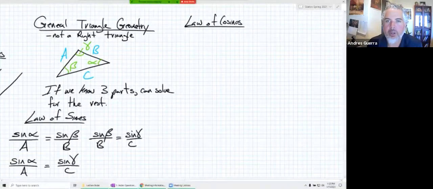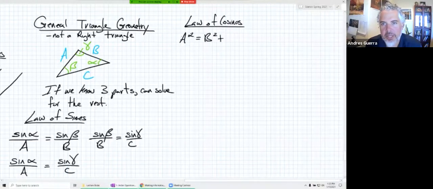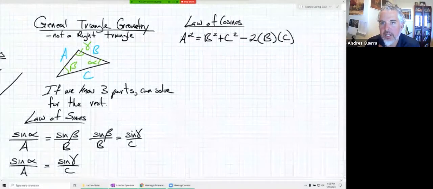The law of cosines is a little bit longer of an equation. I remember it because it starts by looking like the Pythagorean theorem. But this isn't a right triangle, so the Pythagorean theorem doesn't work, right? But it's a squared is equal to b squared plus c squared. And then I have to memorize the rest of this. It's minus 2 times whatever 2 letters show up on the right-hand side of that equation, so times b times c.